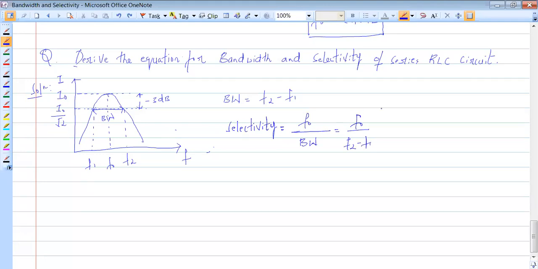So we have written these bandwidth and selectivity in terms of the frequencies. Now we have to derive the equations for this bandwidth and selectivity in terms of the quality factor, or maybe in terms of the components of the circuit. Which are the components of the circuit? R, L, C are the components of the circuit. So we shall derive that equation.